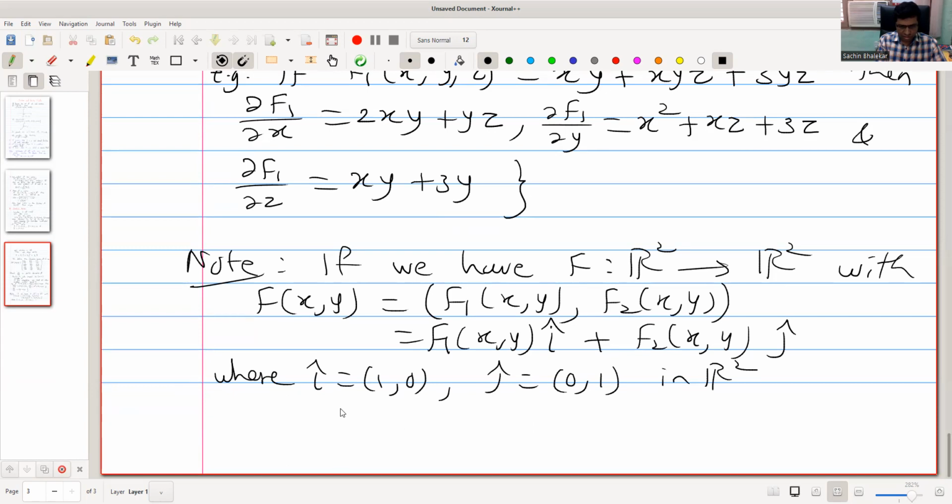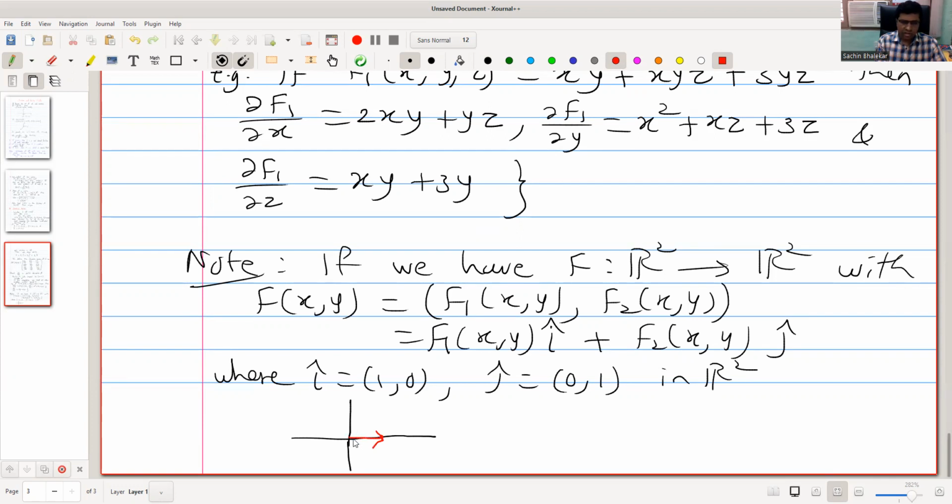That is nothing but i hat is along the x axis and j hat is along the y axis. We can sketch here. So i hat is 1, 0, meaning this point is 1, 0. We show this by an arrow.